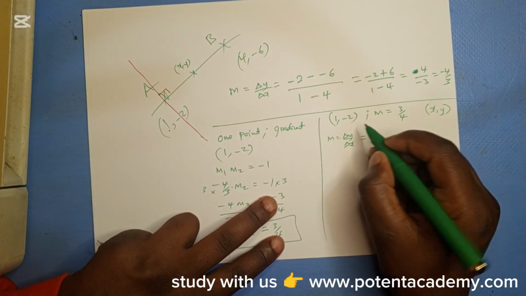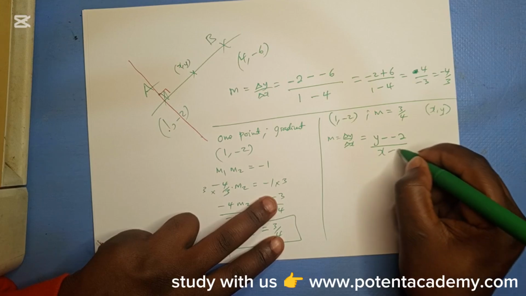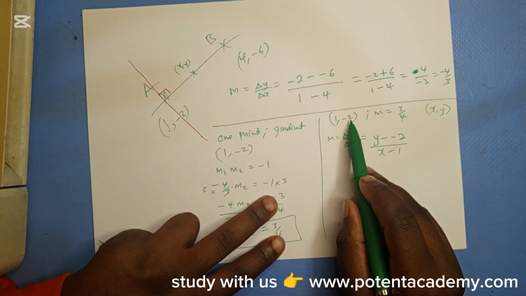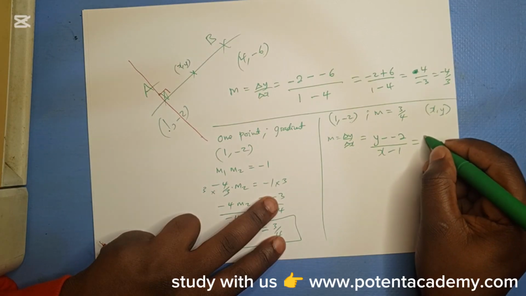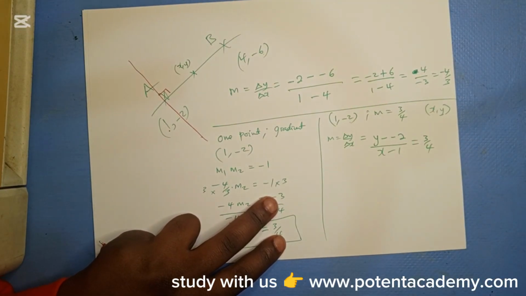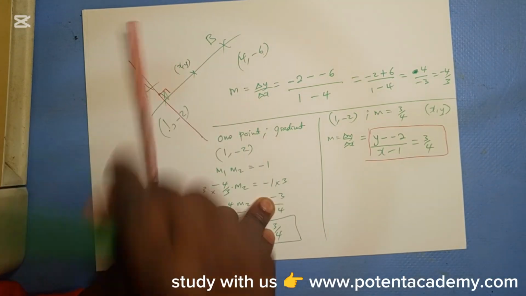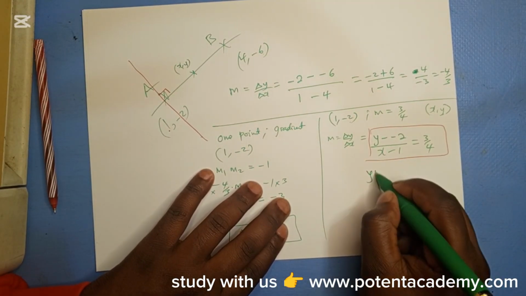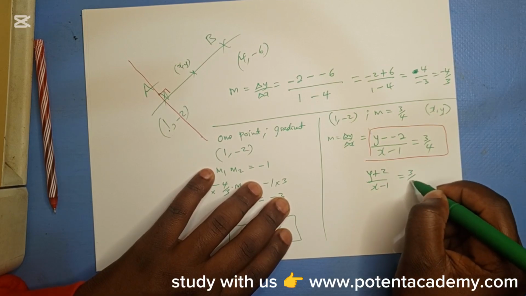So y minus negative 2 over x minus 1. Then you say the gradient is 3 over 4. So you are left dealing with this part. So y plus 2 over x minus 1 equals 3 over 4.